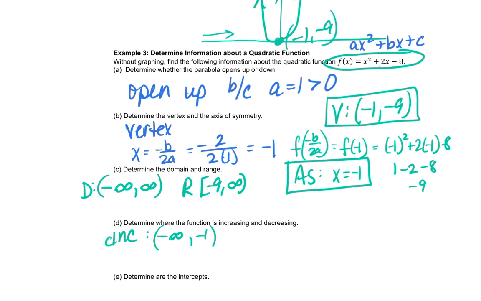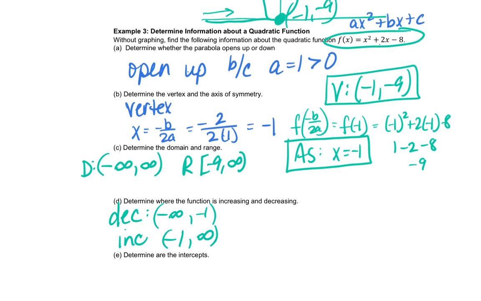This is the decreasing. We're decreasing, coming in, going down, and then we're going to increase and go from negative 1 to positive infinity. I'm reading it left to right, and then I wrote it backwards. So we are decreasing, coming in from this way, bumping here, and then increasing from this point, going back out.